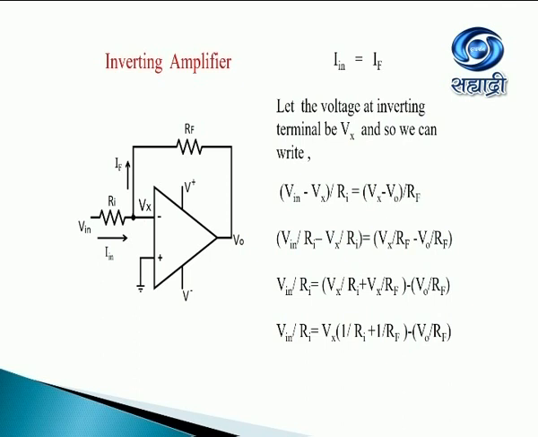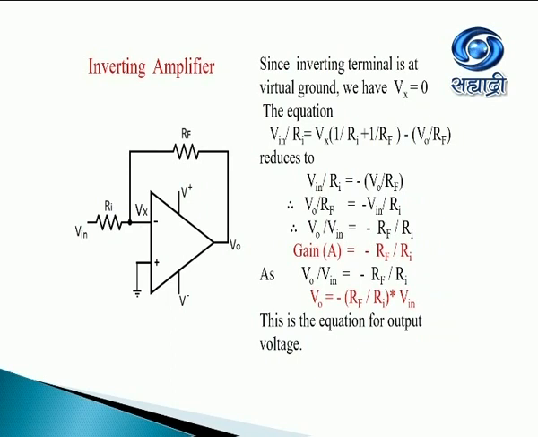Vin upon Ri minus Vx upon Ri is equal to Vx upon Rf minus Vo upon Rf. Rearranging, we get Vin upon Ri is equal to Vx upon Ri plus Vx upon Rf minus Vo upon Rf. That is, Vin upon Ri is equal to Vx into (1 upon Ri plus 1 upon Rf) minus Vo upon Rf.